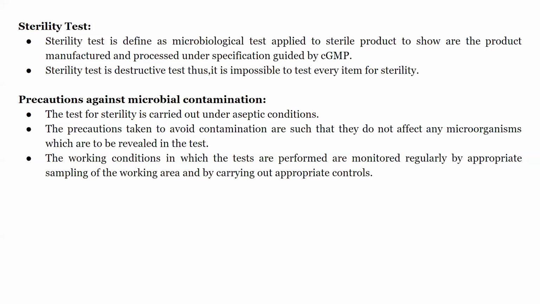While starting with the sterility test, the precautions against microbial contamination which are to be observed are: the test for sterility is carried out under aseptic conditions. The precautions taken to avoid contamination are such that they do not affect the microorganisms which are to be revealed in the test, and the working conditions in which the tests are performed are monitored regularly by appropriate sampling of the working area and by carrying out appropriate controls.